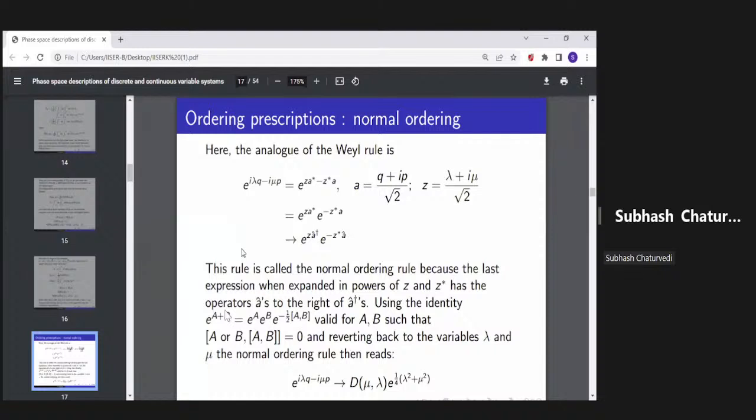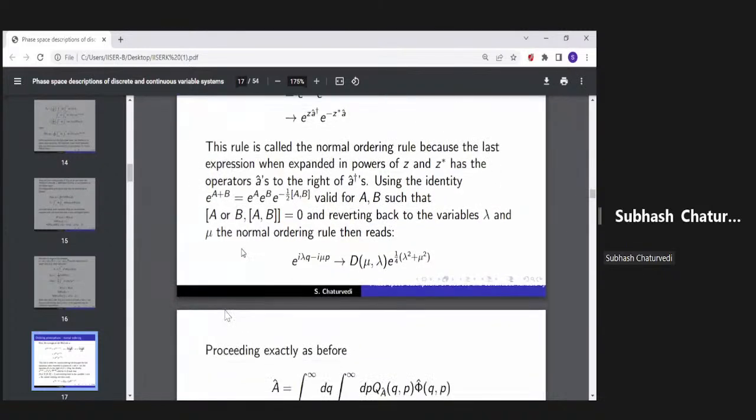rule. So in a nutshell, what it means is that e to the i lambda q plus i mu p goes to the displacement operator multiplied by this quantity e to the 1/4 lambda squared plus mu squared, which was, of course, absent in the Wigner-Weil description.